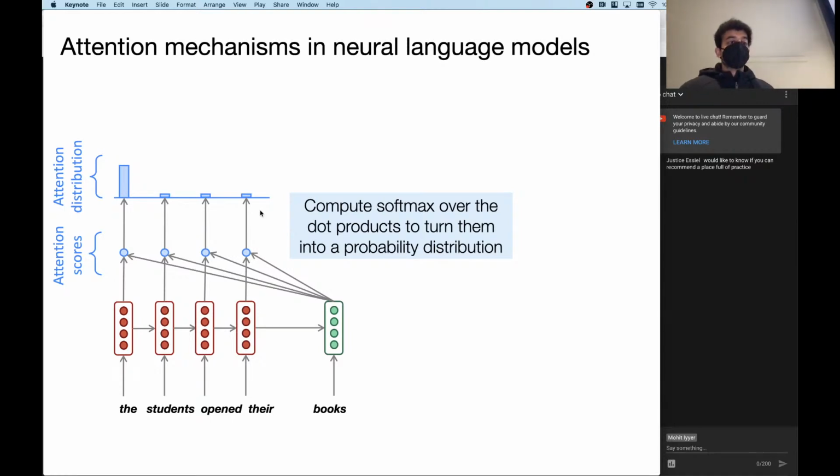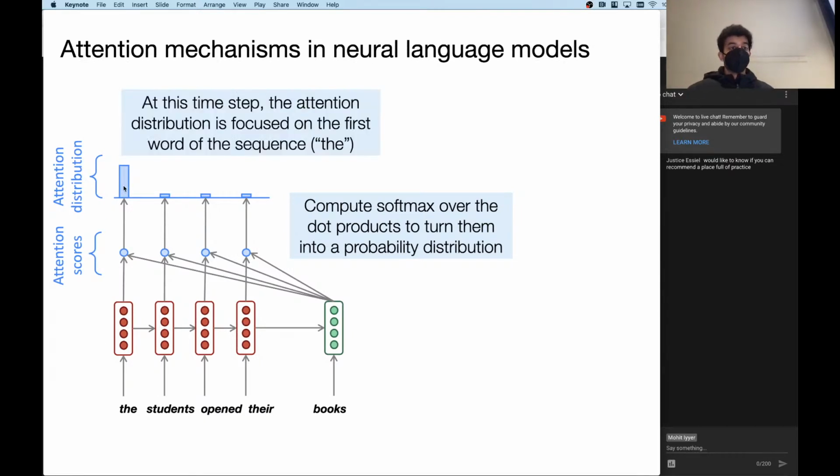So given this attention distribution, what we do then is use these probabilities as weights to compute a weighted average of the key vectors, which in this case are the previous time steps.